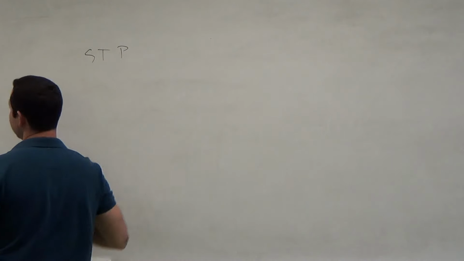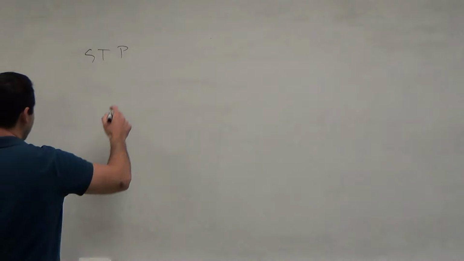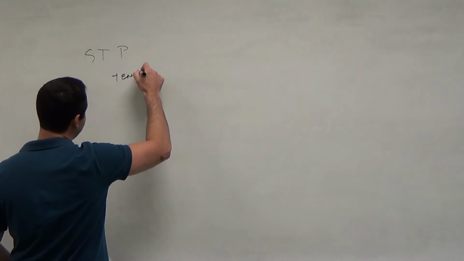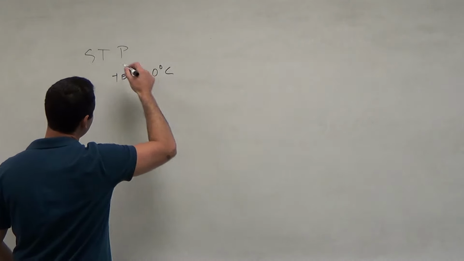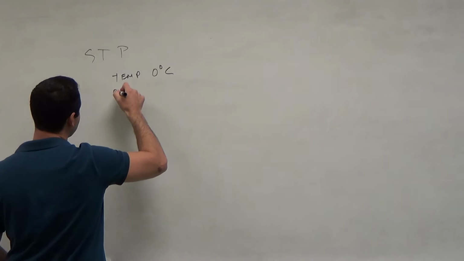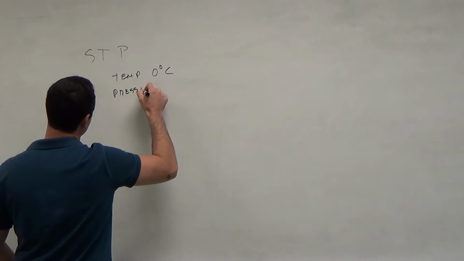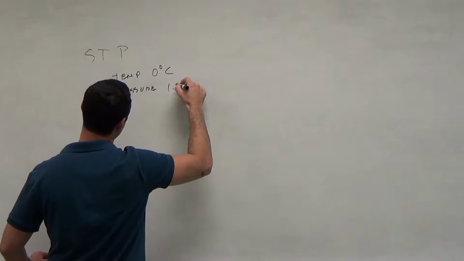STP, write it: standard temperature and pressure. Standard temperature is 0 degrees Celsius. Standard pressure, 1 atm.